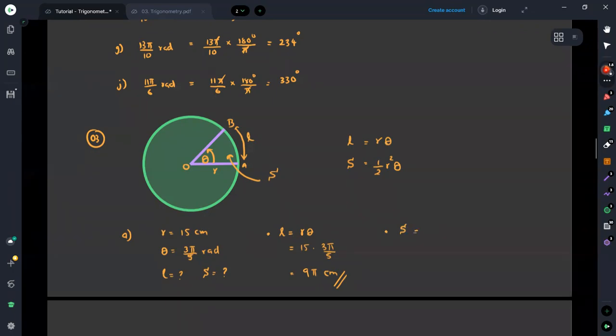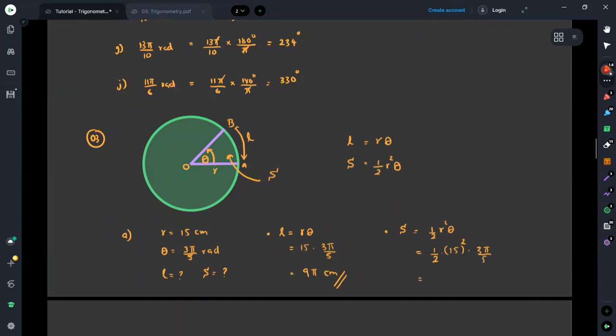As the next point, we are asked to find the area, which is the value of S. S is given by the equation half times r squared times theta. Here r is 15, so we take half times 15 squared, multiplied by 3π/5.